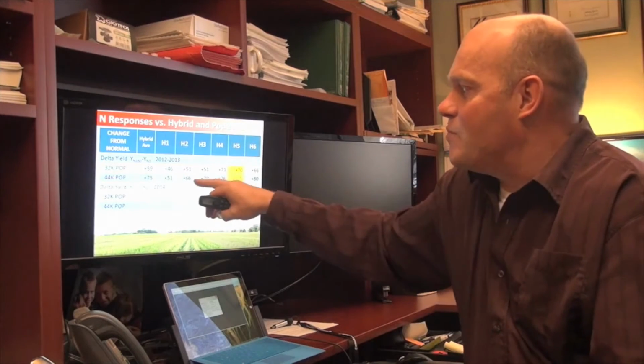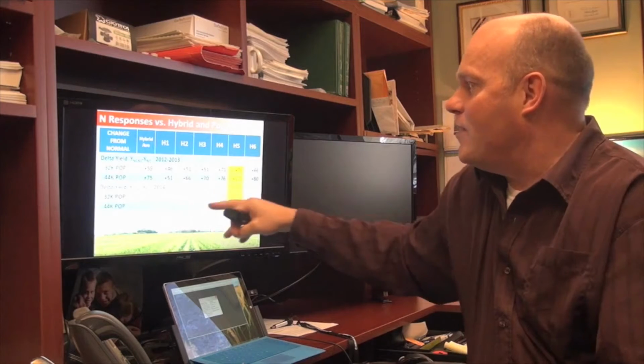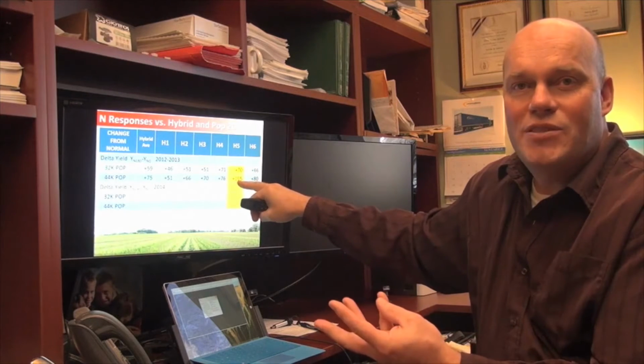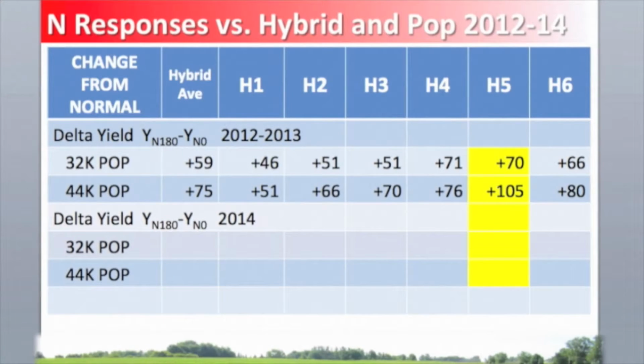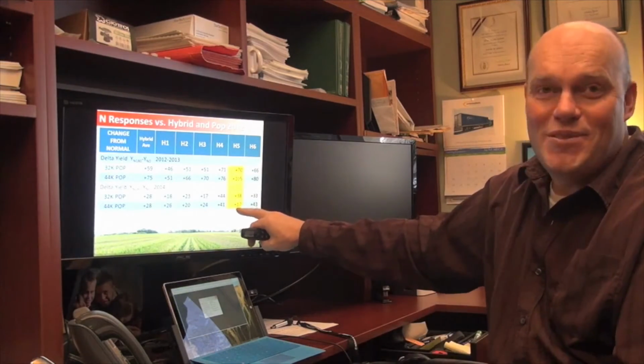And so this is another response where we have nitrogen, high nitrogen, and population. In 2012 and 2013, we saw up to 105 bushels to the acre response with high nitrogen and high population versus no nitrogen. So 105 bushels to the acre. But that same hybrid, this is the funny thing, the same hybrid last year, so in kind of a backwards year, that hybrid fell apart completely, and it was one of the lowest responding.